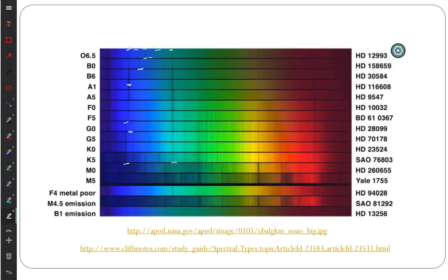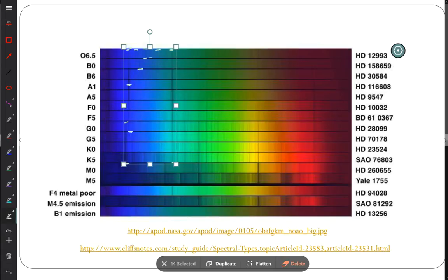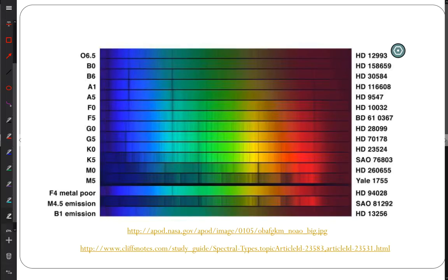And so what astronomers are doing is they're looking at how much absorption you have for each one of those and taking all of that into account to pinpoint the temperature. So looking at those lines, you can see that there is a difference in the spectral lines as the temperature changes. And that's how they really determine the temperature.